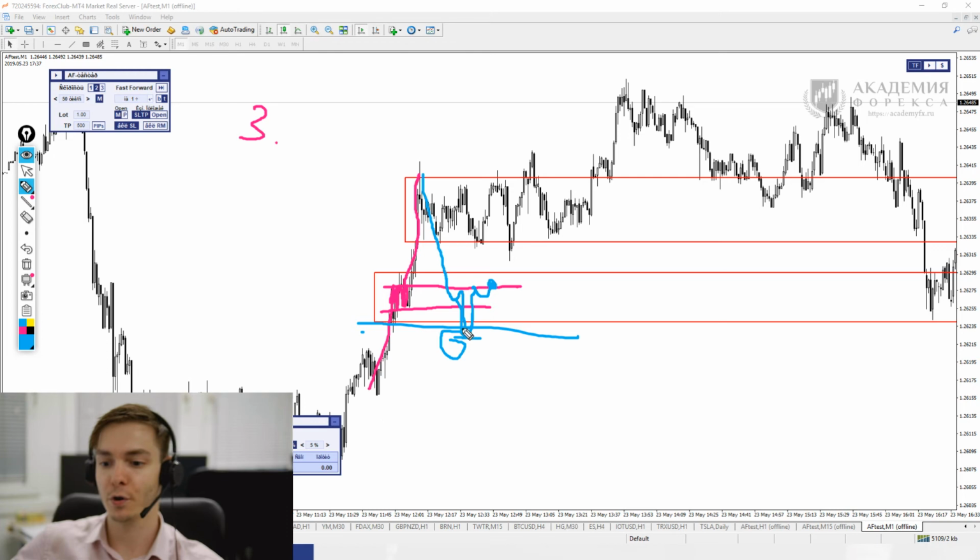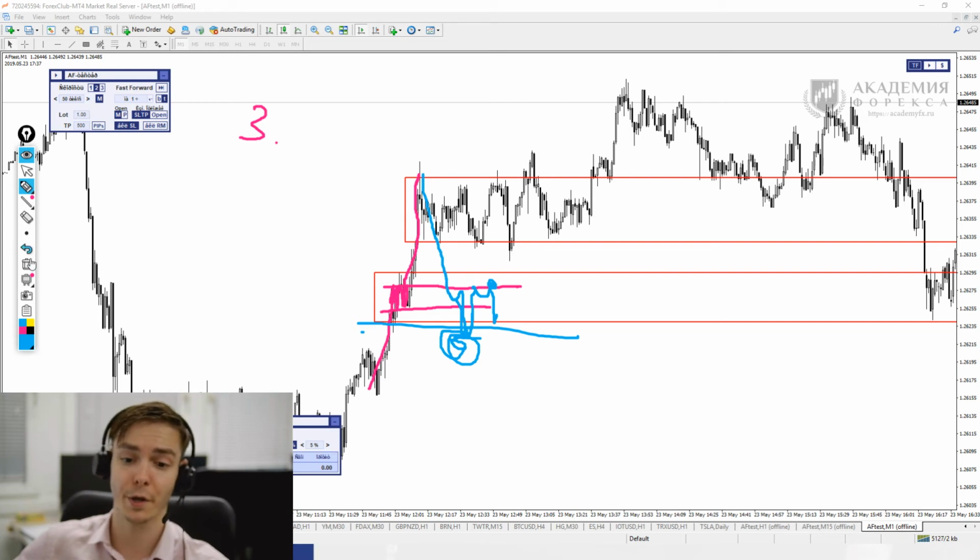Also, if market is able to go back with a false breakout, it's less probable that market will try to retest your stop loss, because everybody here was already hit by, let's say, smart money or manipulators.